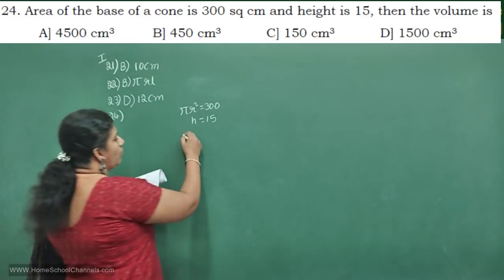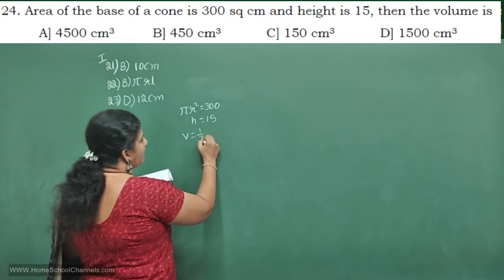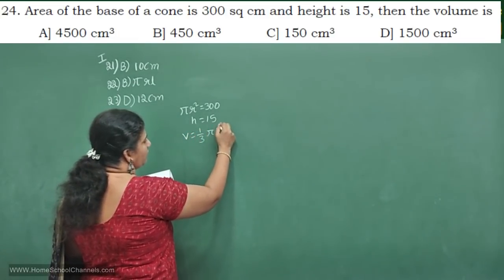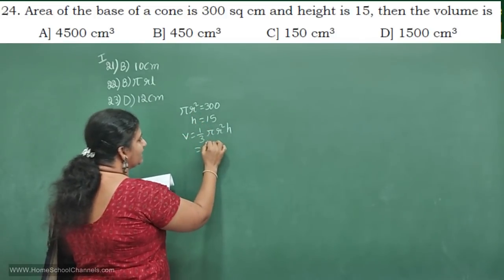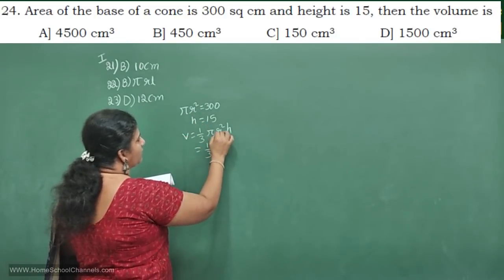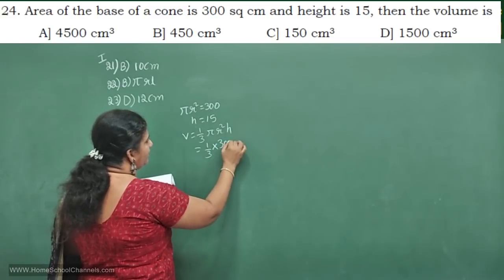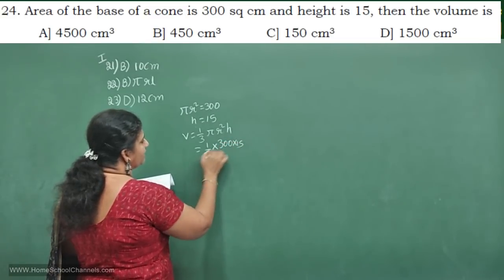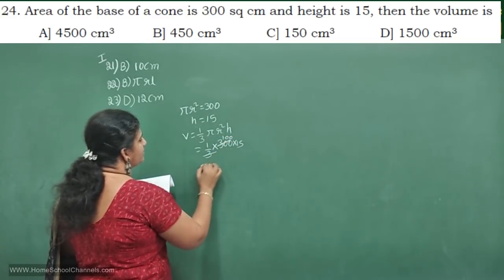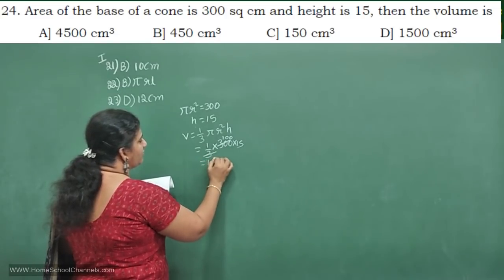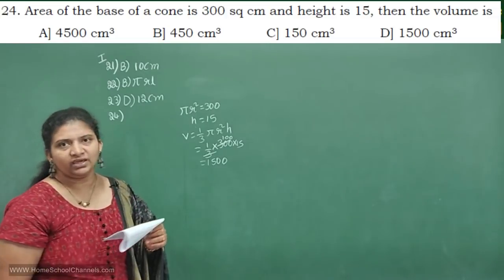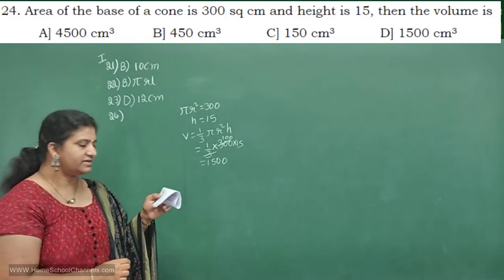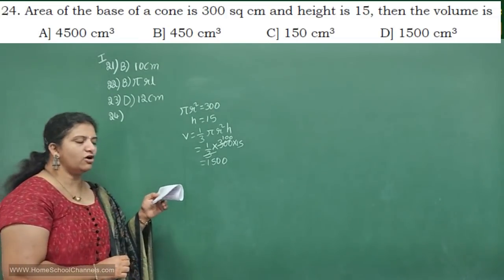Volume is equal to 1 by 3 pi r square h. Pi r square, you know h, you know, directly you can multiply. Pi r square is 300, h value is 15. 300 and 15, into 100 will be 1500 volume cubic units. Check the answer here. Your option is option D.